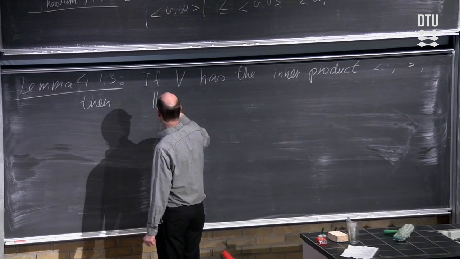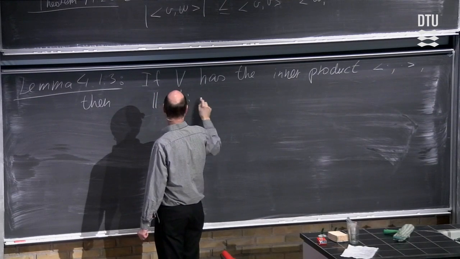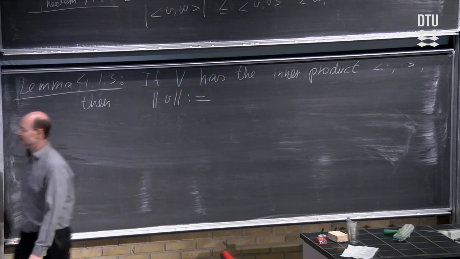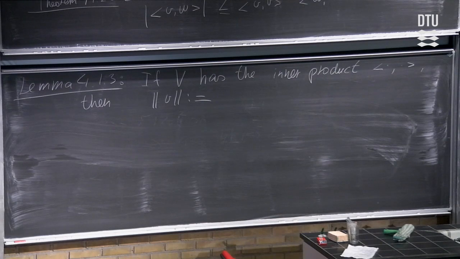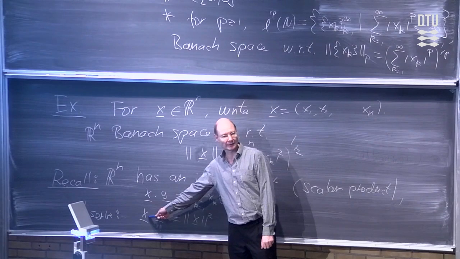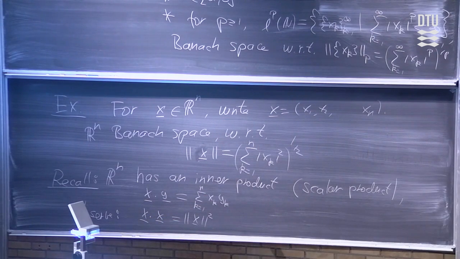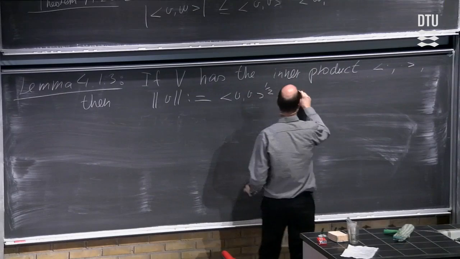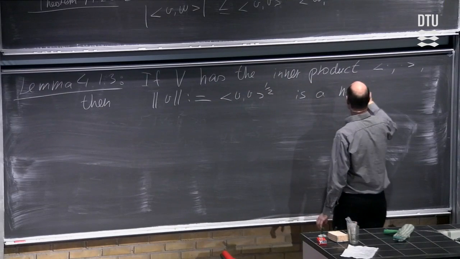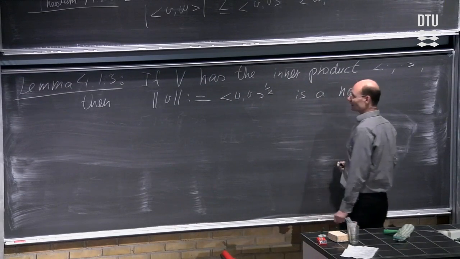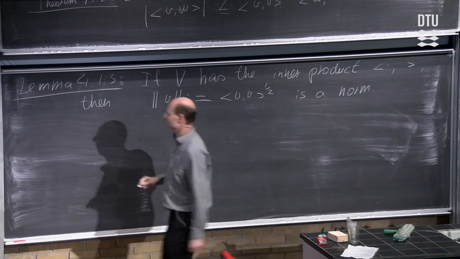So we can define the norm, and the way we do it is exactly like we did here. So the norm should be defined by taking the inner product of an element with itself and then taking the square root of that. So let's see how we can prove this.